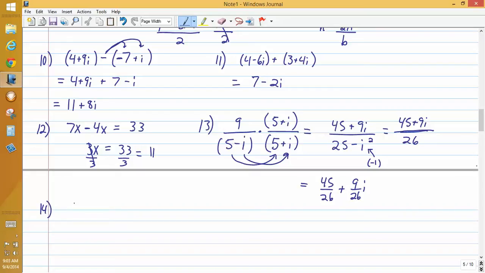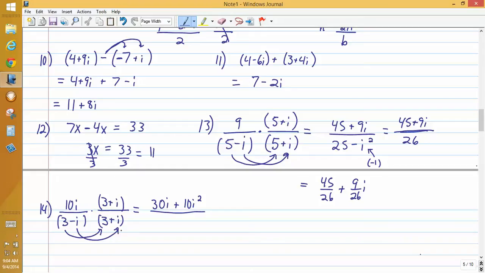Number 14, 10i divided by 3 minus i. So I want to do the same thing. Multiply by the conjugate. The conjugate is 3 plus i. So the numerator, multiply that out. That's going to be 30i plus 10i squared. And then again, we can take the shortcut in the denominator here.